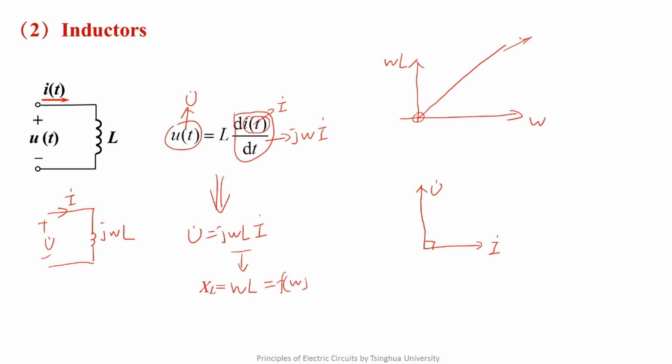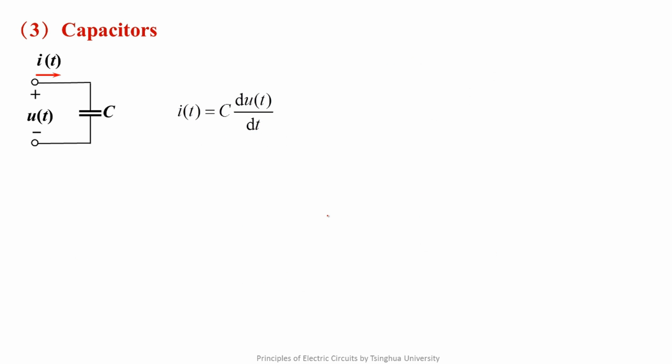Next, let's analyze capacitors. Due to the dual relation between capacitors and inductors, the conclusions which are suitable for inductors are also suitable for capacitors.